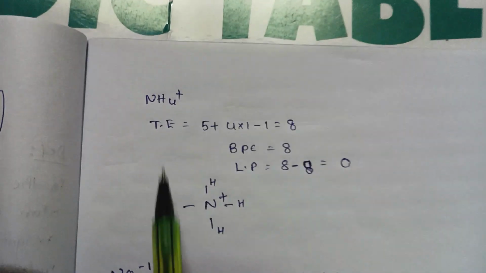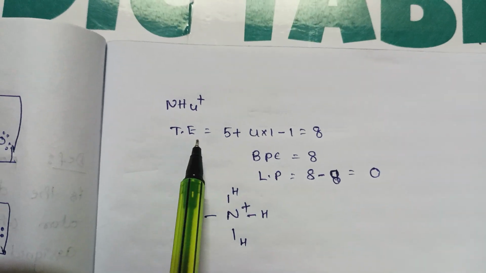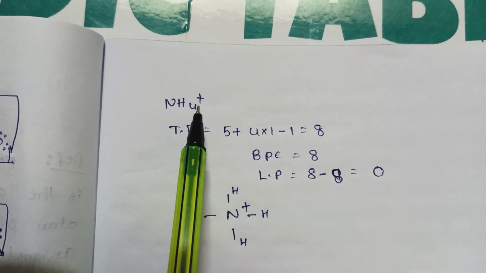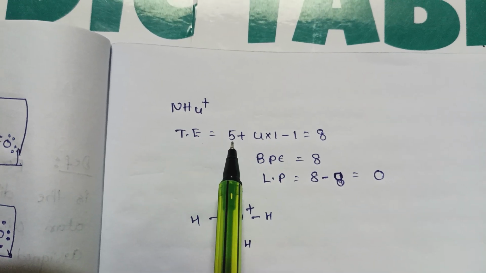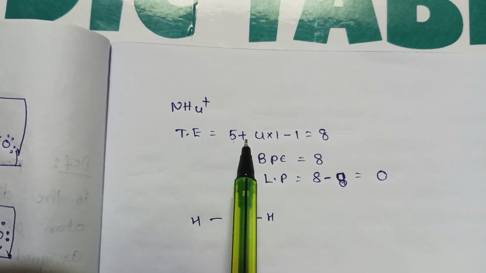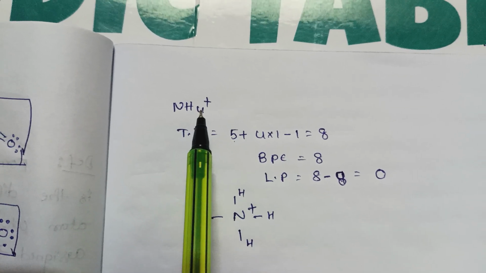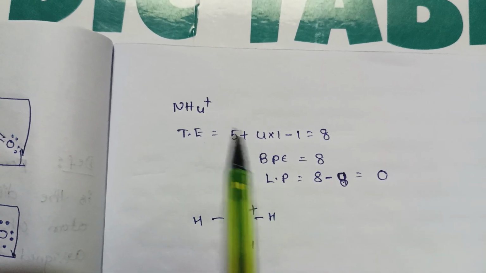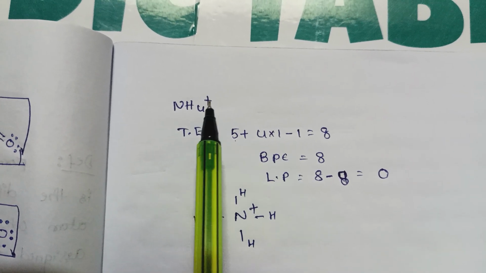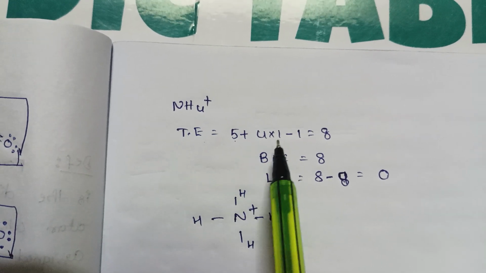If we take NH4 plus, the total electrons for NH4 plus: valence electrons present in nitrogen is 5, and for hydrogen 1 valence electron is present. 4 into 1, plus 5, minus 1, since we have to remove 1 electron.